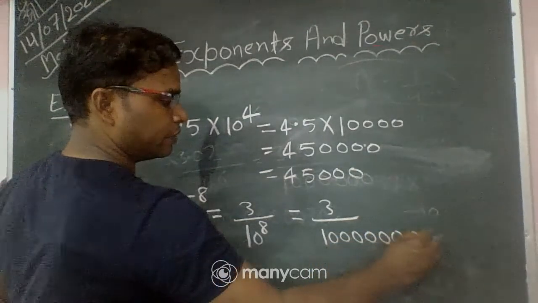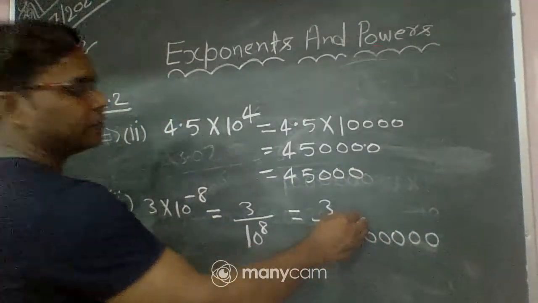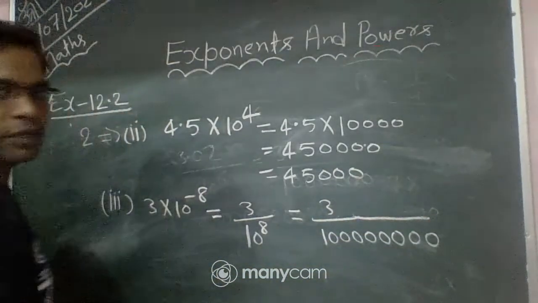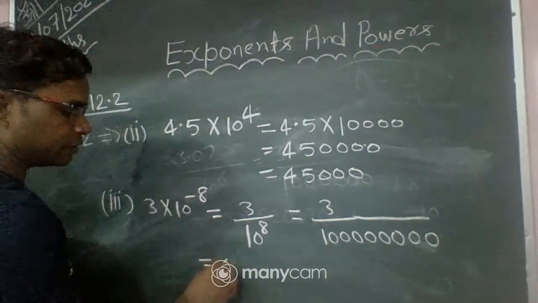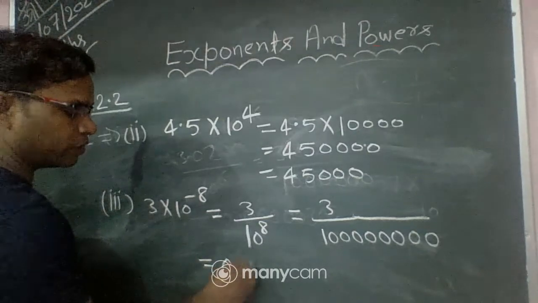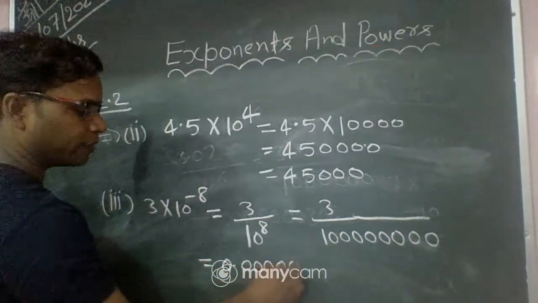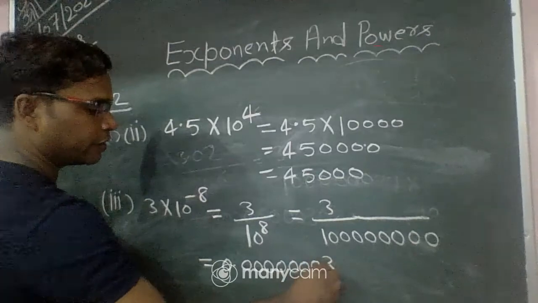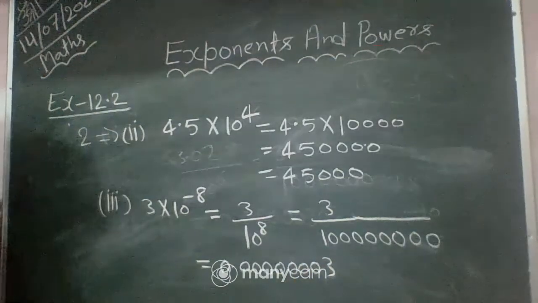If you divide 3 by this number, you obtain 0.0000000 3. How many zeros? 7 zeros, 1, 2, 3, 4, 5, 6, 7, then 3. Clear?